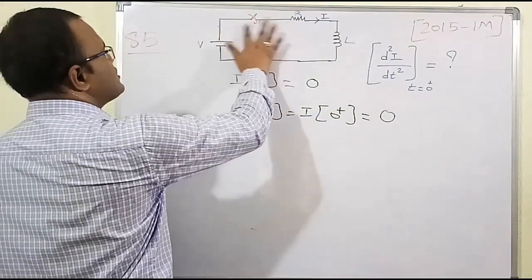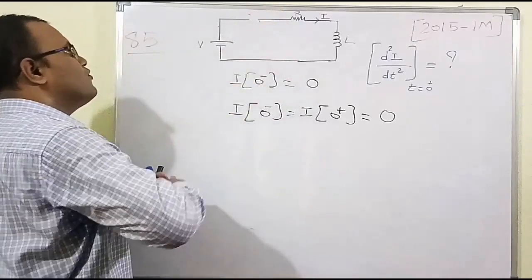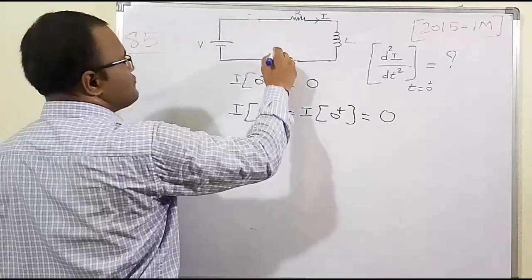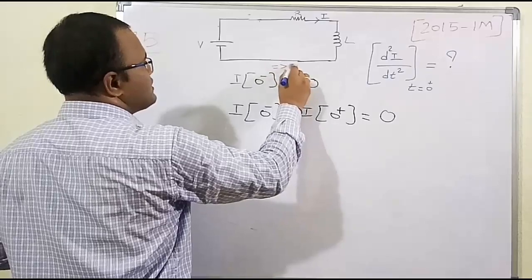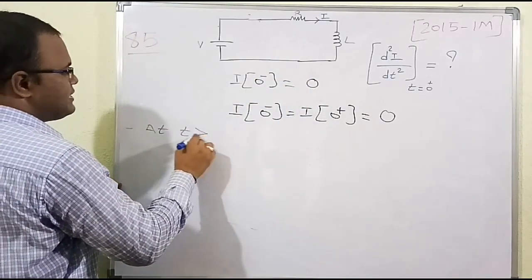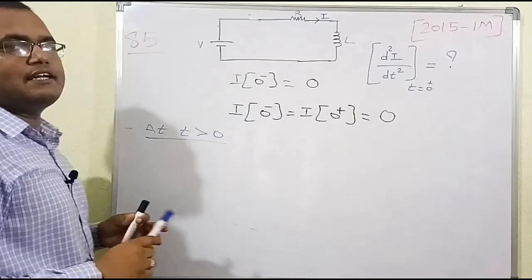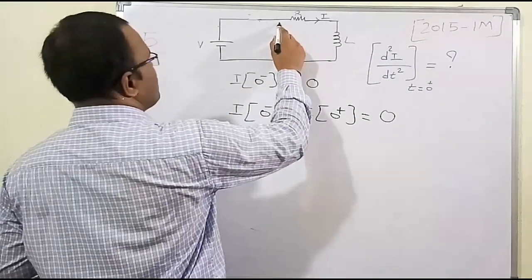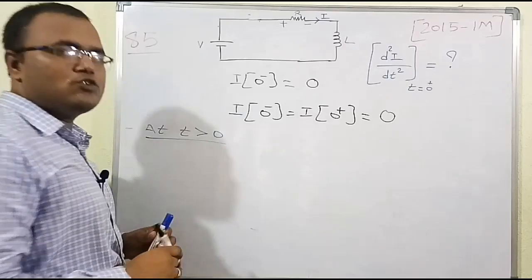Suppose I am closing the switch at t equal to 0. So now I am writing the equation for t greater than 0. The current goes from higher potential to lower potential.